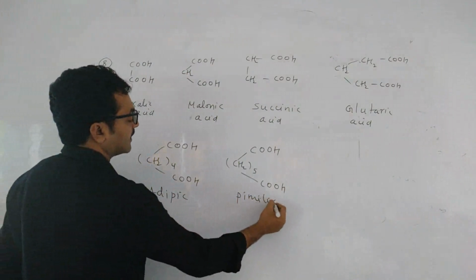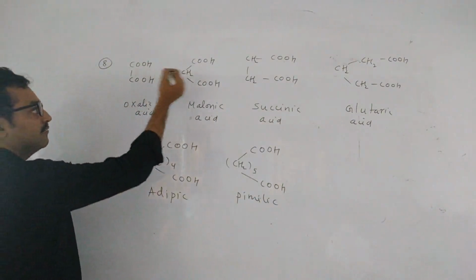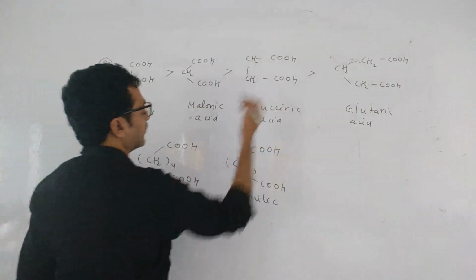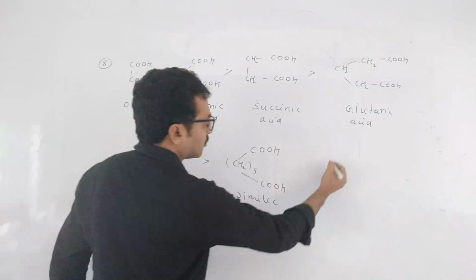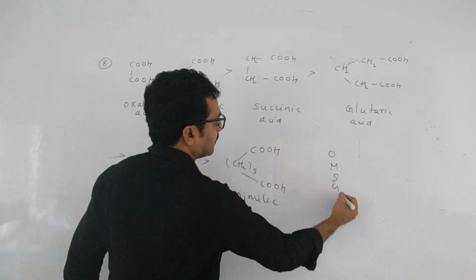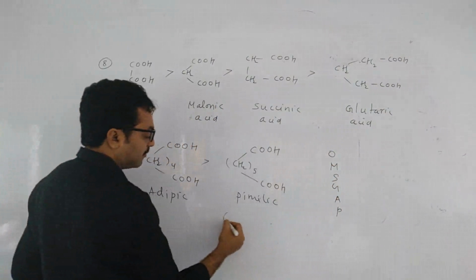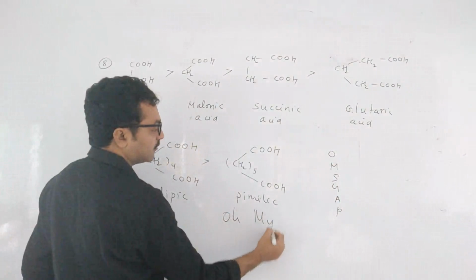So how to remember these acids? Acidity will decrease, children, because as the alkyl groups increase, the acidity decreases. So remember OMSGAP, or you can remember: Oh my sweet good apple pie.